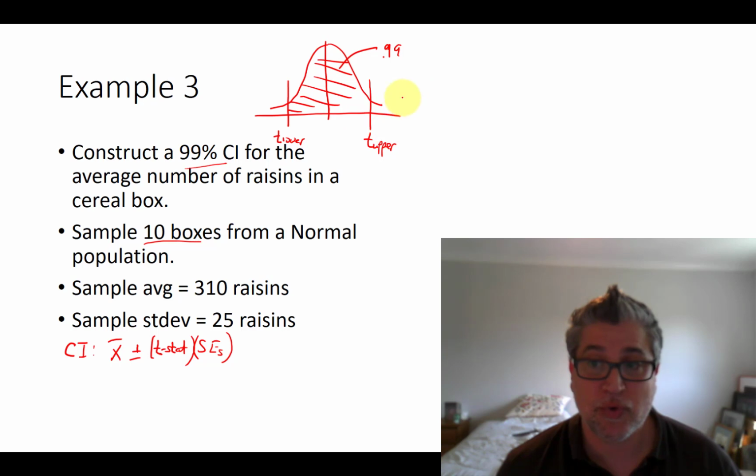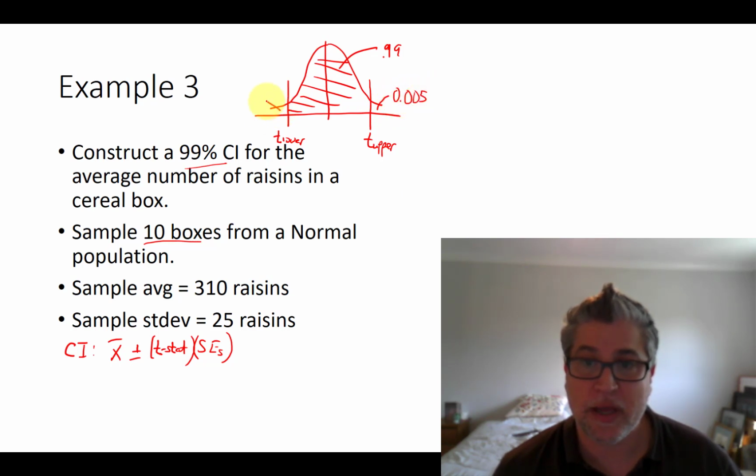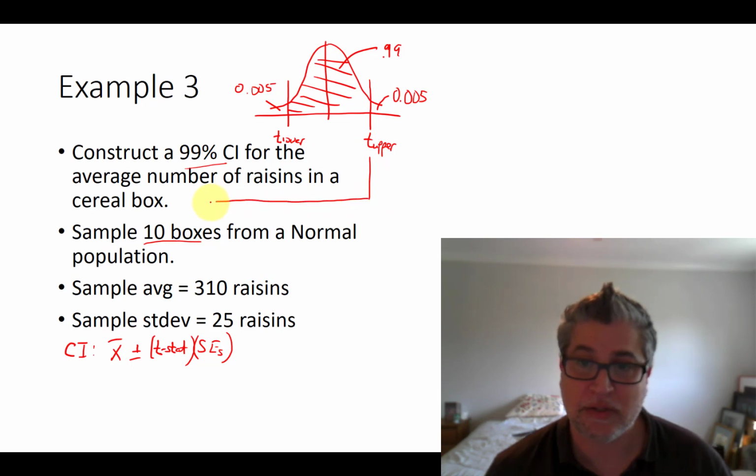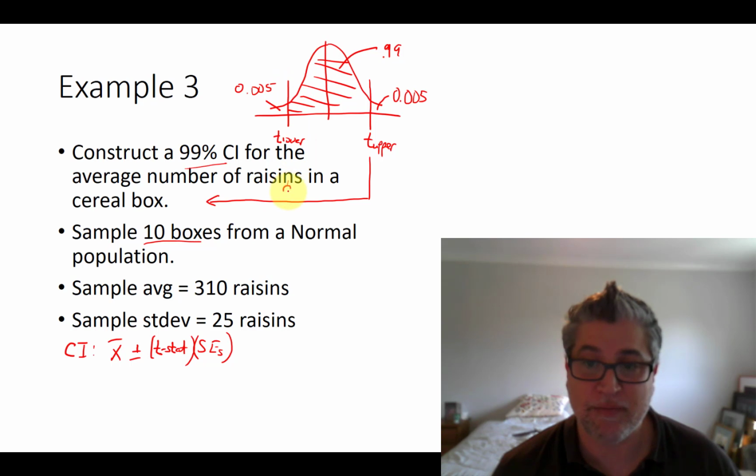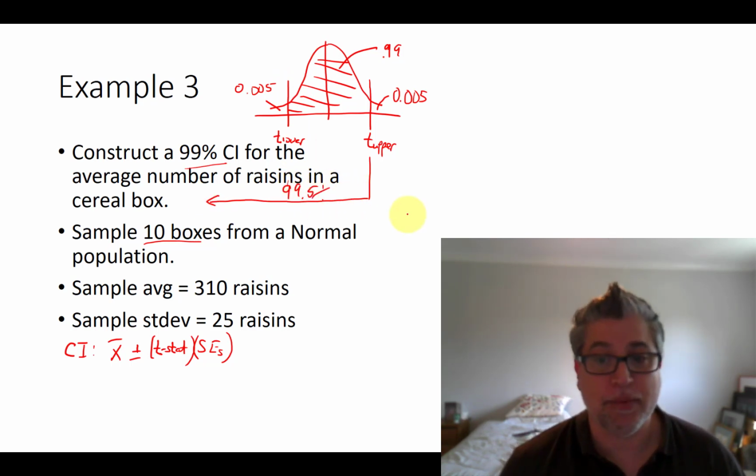And it's split evenly between the right-hand side and the left-hand side. So 1/2 of 1% is here, and 1/2 of 1% is there. Which means this particular t upper accounts for 99.5% probability is less than t upper.